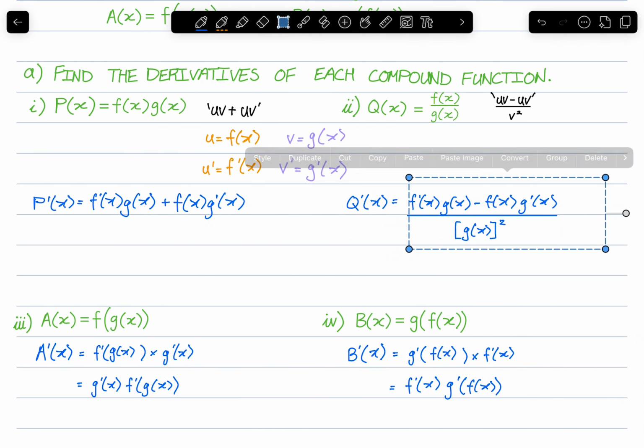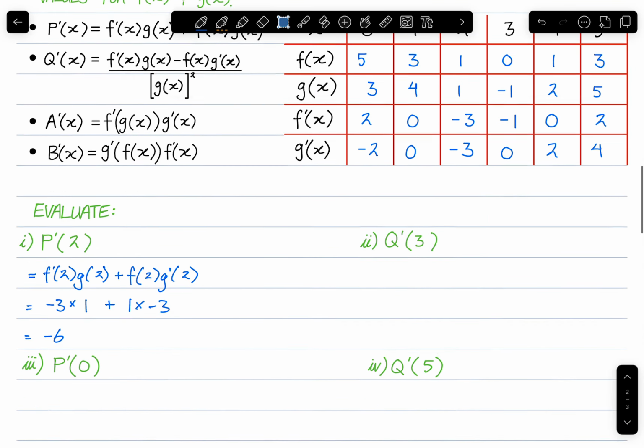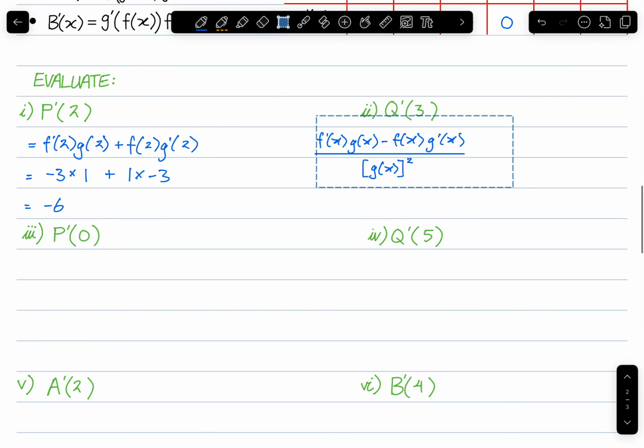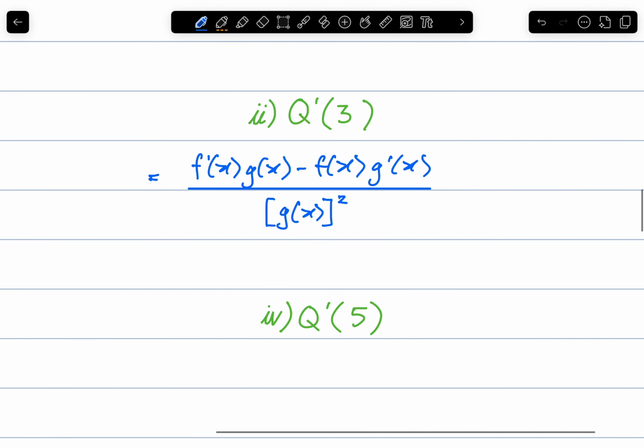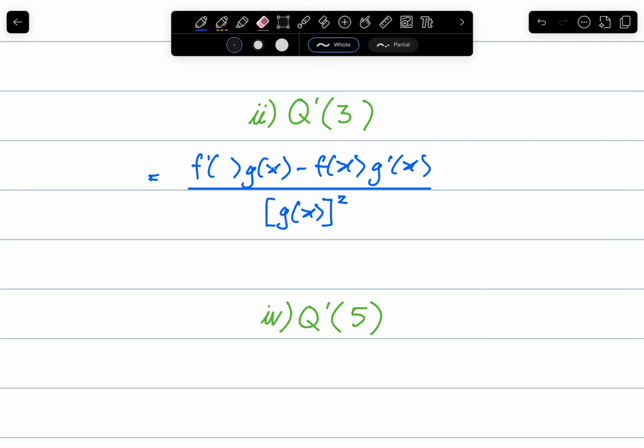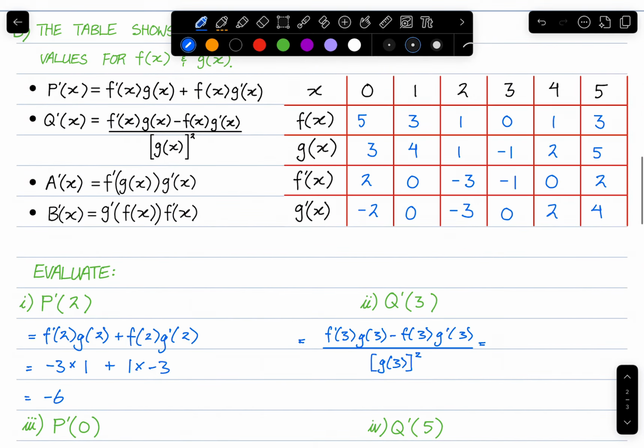Same deal with the quotient derivative. We take our expression, and wherever x is, we replace it with 3. So I'm going to erase all the x's here and replace them with 3. Now this is just a matter of reading our table of values.